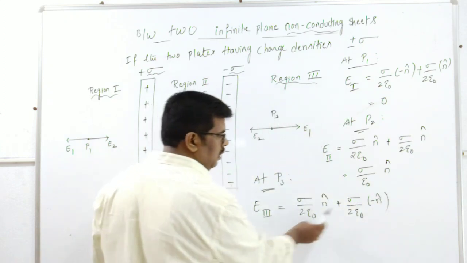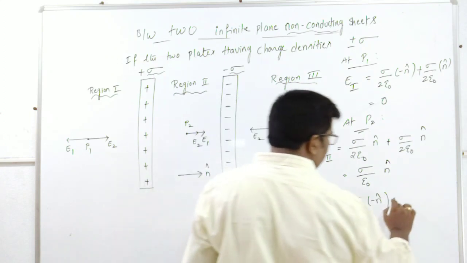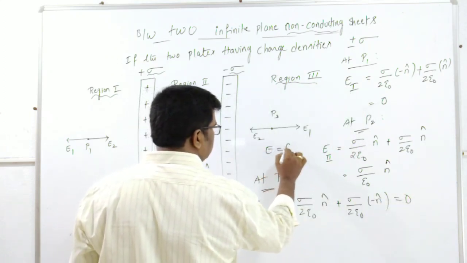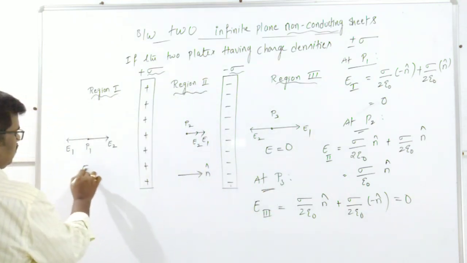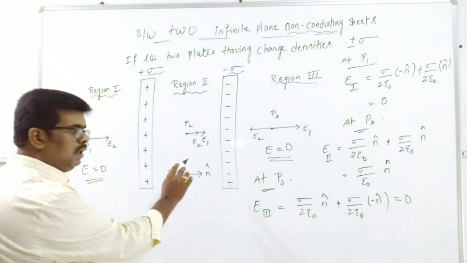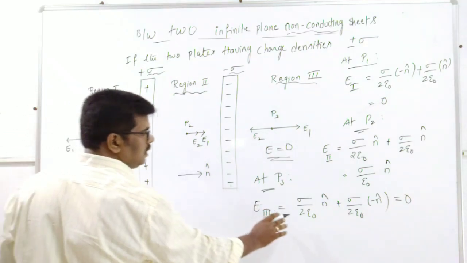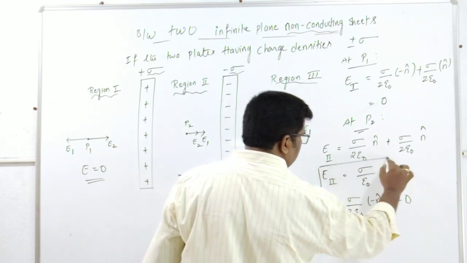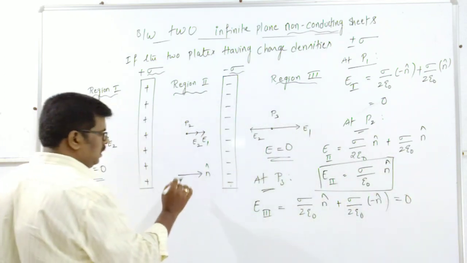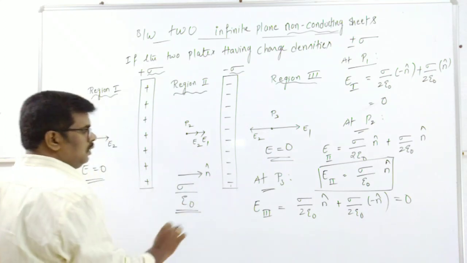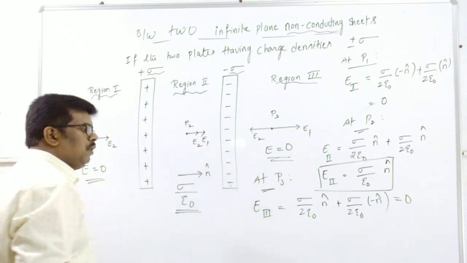These are equal and opposite, so the resultant is 0. Outside, the electric field intensities are 0. But in the middle, between them, in region 2, the electric field intensity is sigma by epsilon naught.